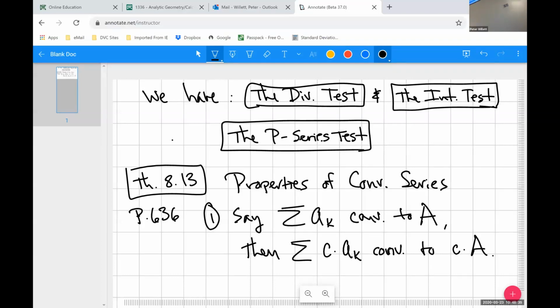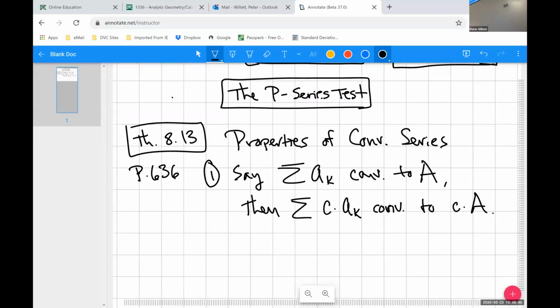And we know that directly from some of the properties of series that we dealt with before. So the series of a constant times the terms has a limit that's the same as the constant times the limit of the series. You can pull the constant out.